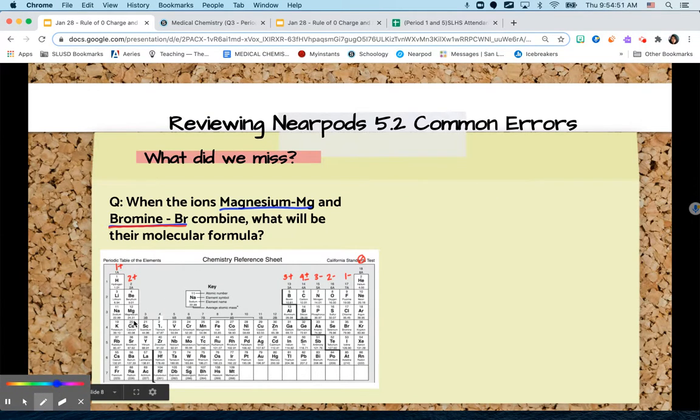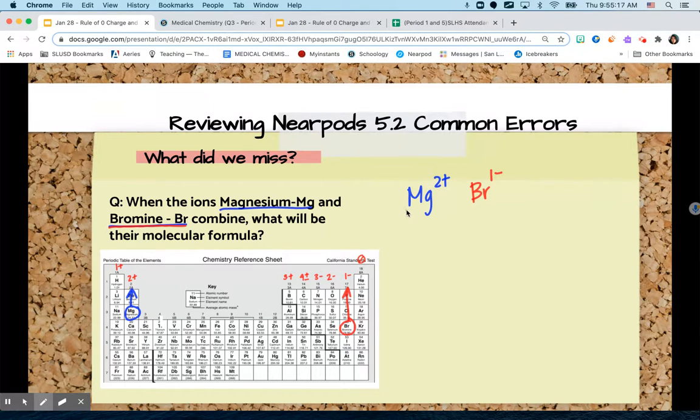If I have Mg, I need to search for it on the periodic table. Mg has a charge of 2 plus. And if I look for Br, or bromine, it is here. Br has a charge of 1 minus.